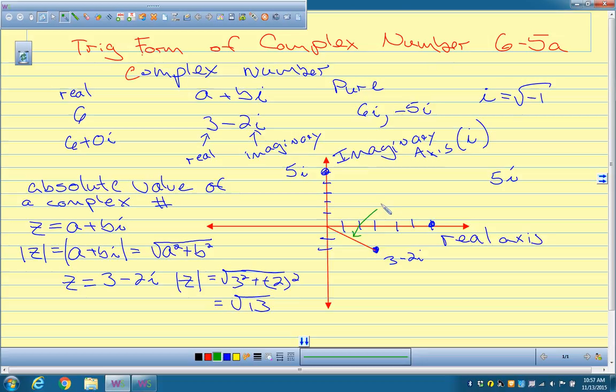And they call this r, and another name for that, r is equal to the magnitude of z, and it's called the modulus, okay? M-O-D-U-L-U-S, but it's just like the magnitude of a vector, okay? So this thing is r, it's the absolute value of z, it's called the modulus, okay? So you need to know that.